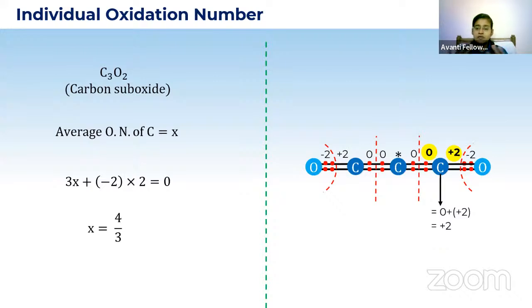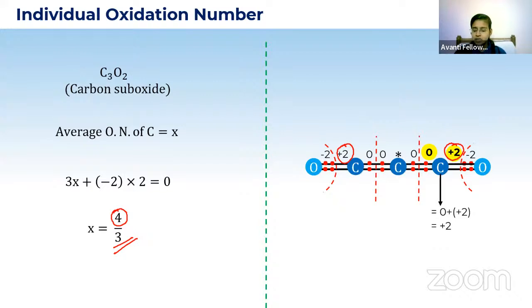So totally +4. That +4 charge is shared by 3 carbons. So that's why we are getting the average oxidation number of carbon as +4 by 3.